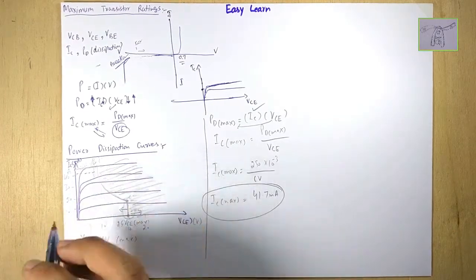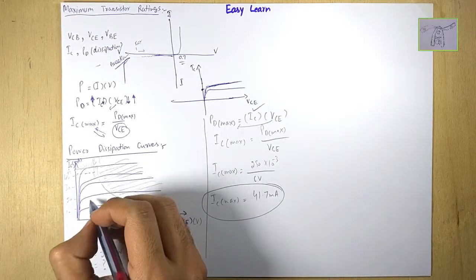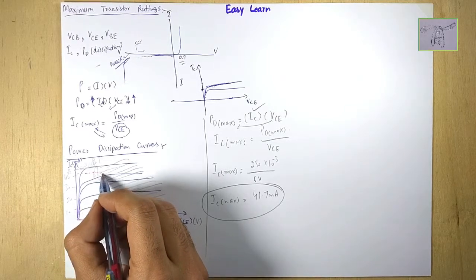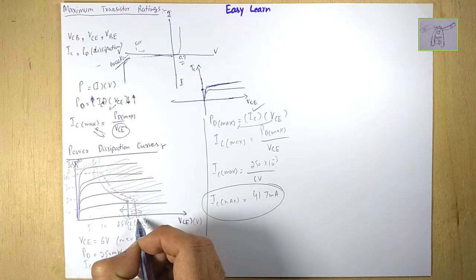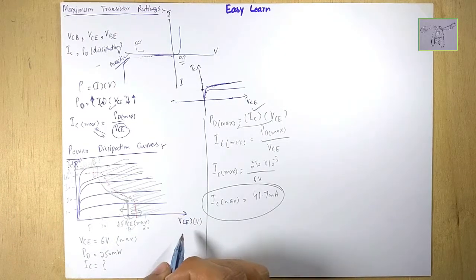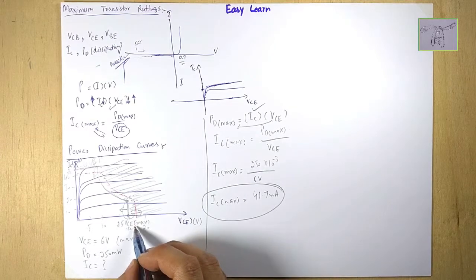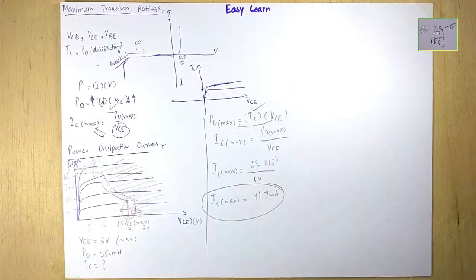If you go here, decrease the collector current and compromise the collector current, this curve will look like this. The benefit is that our voltage VCE maximum will increase. If you decrease this, this will increase, because this is the multiplication, as I already explained.